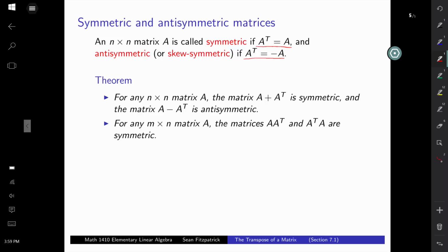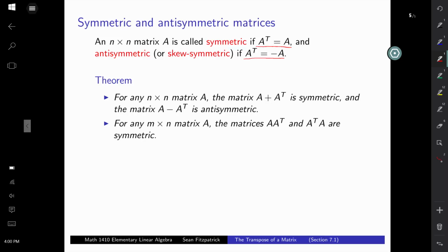Symmetric and antisymmetric matrices show up in a lot of different places, a lot of applications in chemistry and physics, and a lot of places where you're applying matrix methods and linear algebra methods to the sciences. It's certainly not uncommon to encounter symmetric and antisymmetric matrices.